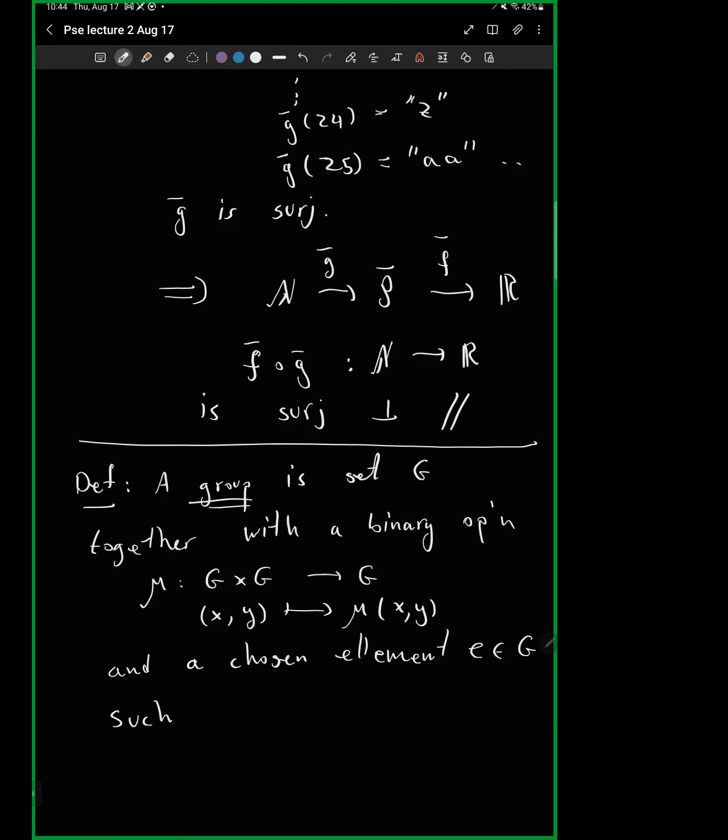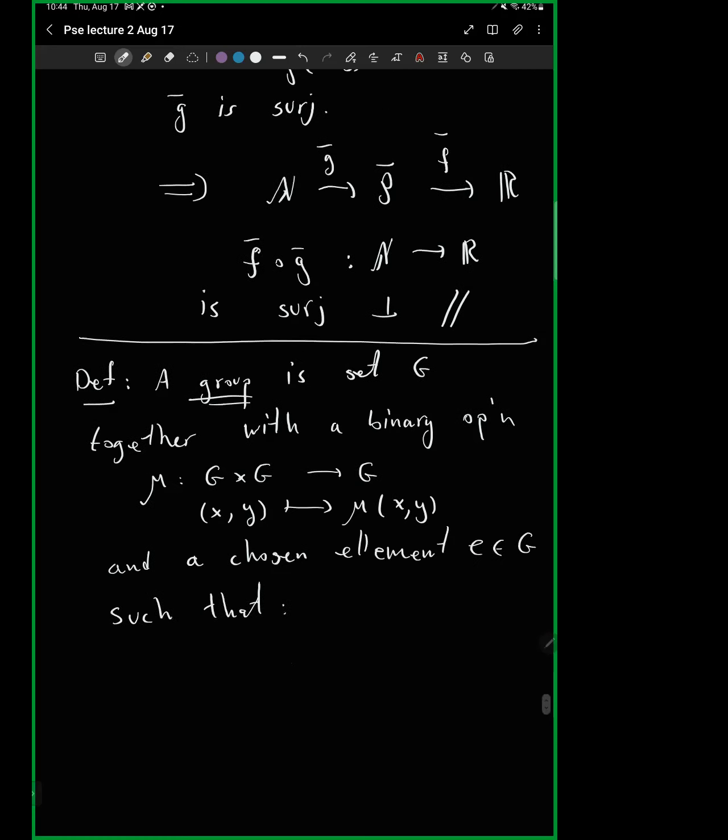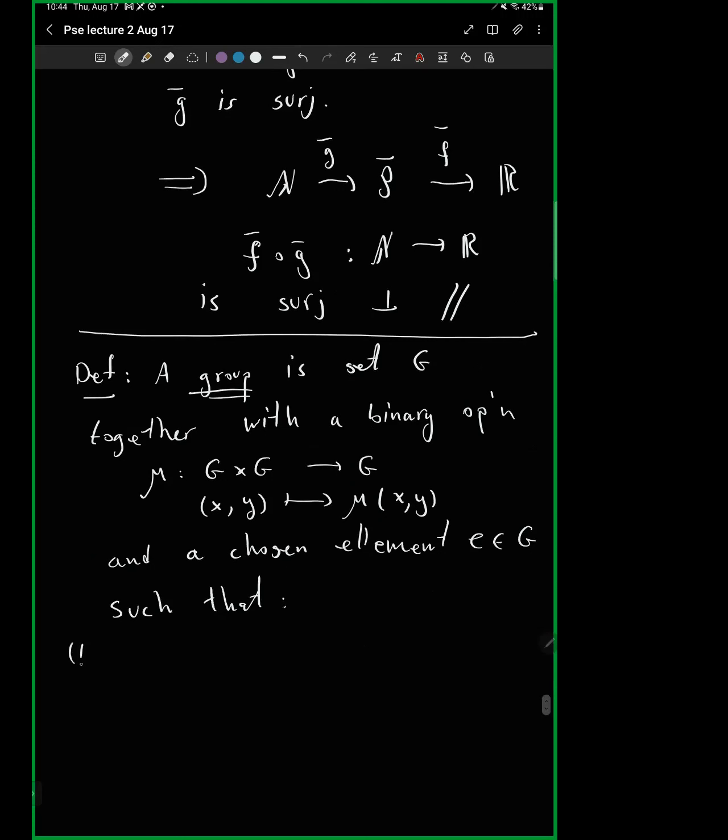such that the following conditions are met. One is that for any x in G, if I take the binary operation of x and the element e, I guess you could call it a unit.